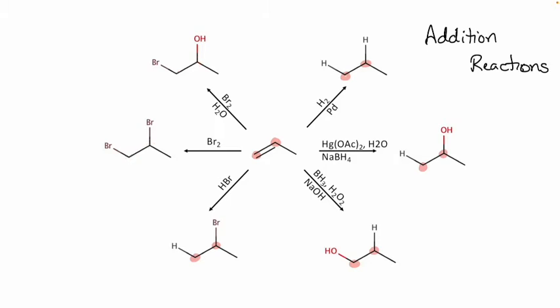Okay. They also notice that in each case, it's either going to be a hydrogen that's being added, an OH group that's being added, or a halogen that's being added.